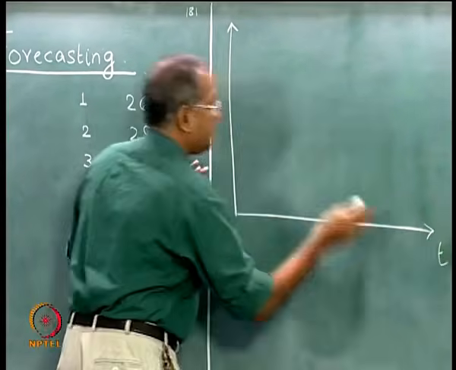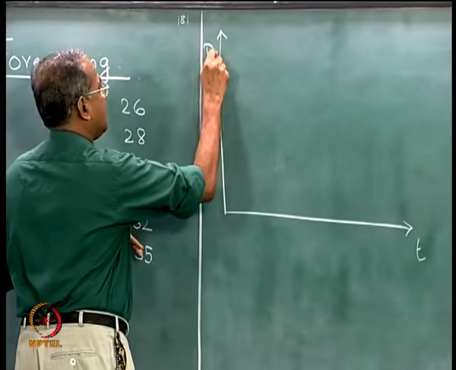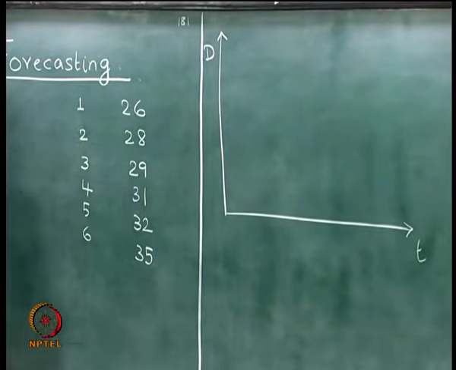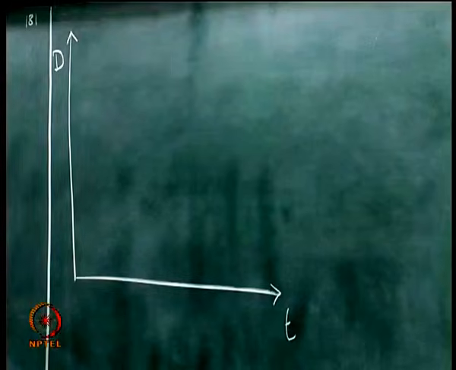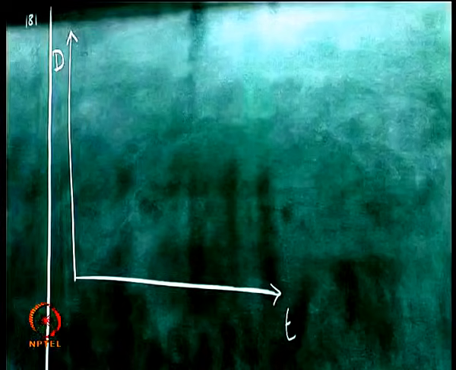So, let us plot here time and then here we have D, which is the demand or sale for this particular product.